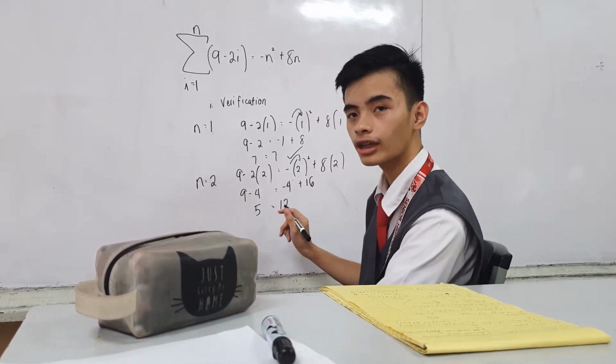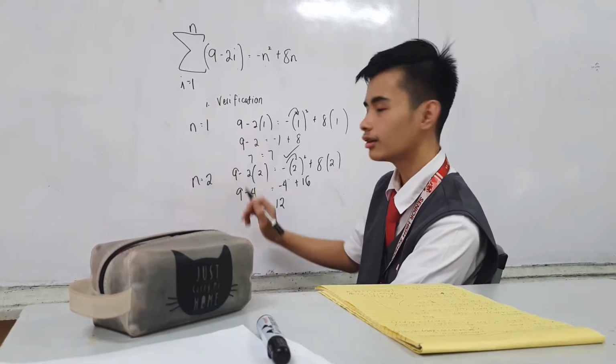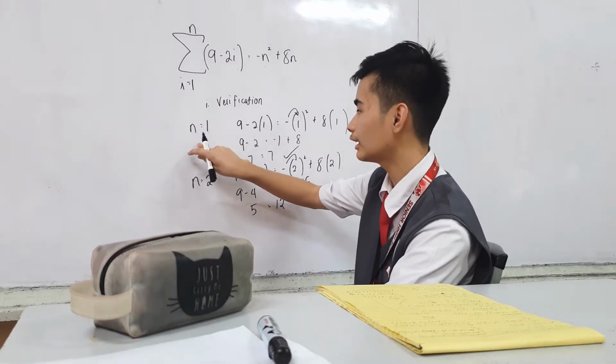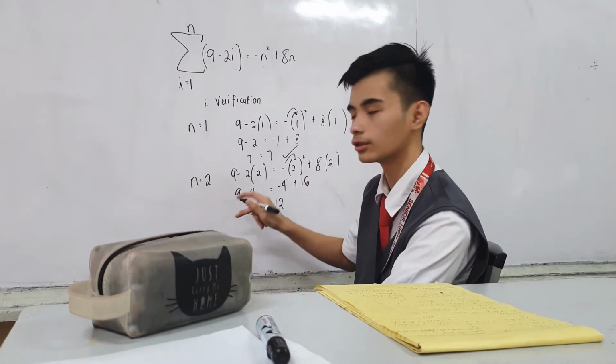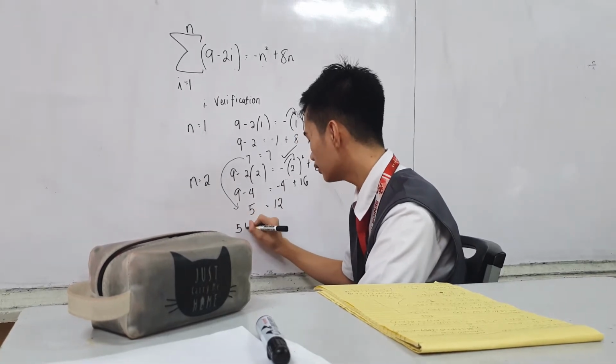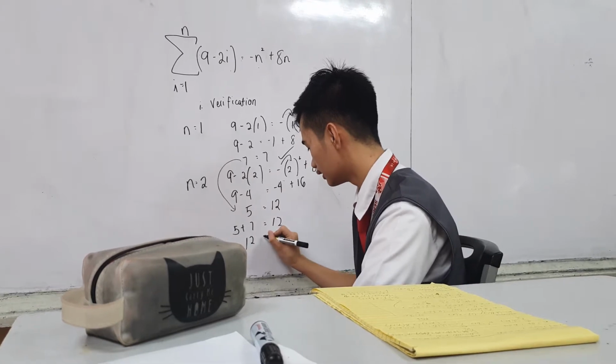Then, as you can see, it is not equal, but because this is a series, you need to add the n is equal to 1. The sum of n is equal to 1 to n is equal to 2. So, add this one. 5 plus 7 is equal to 12. 12 is equal to 12.